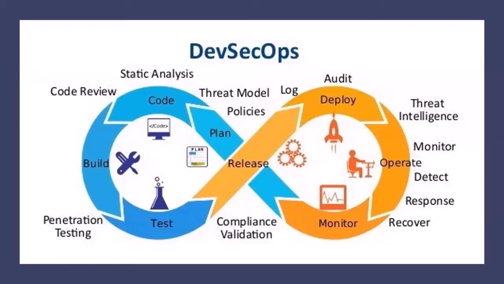Development and operations will be done only with secure access. Whoever has access, those people can do that. So DevOps is the first level, DevSecOps is the next, more secure level.